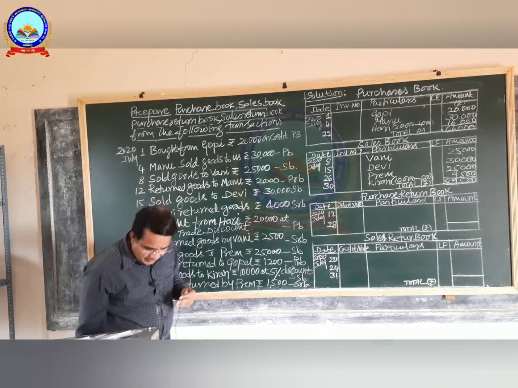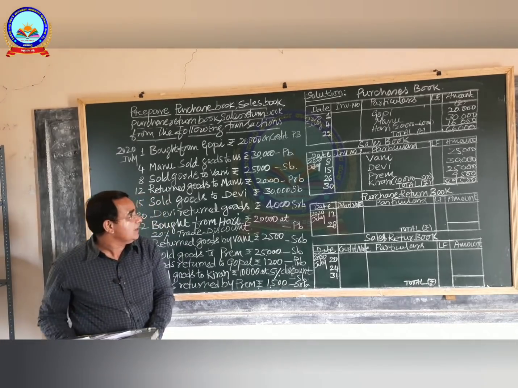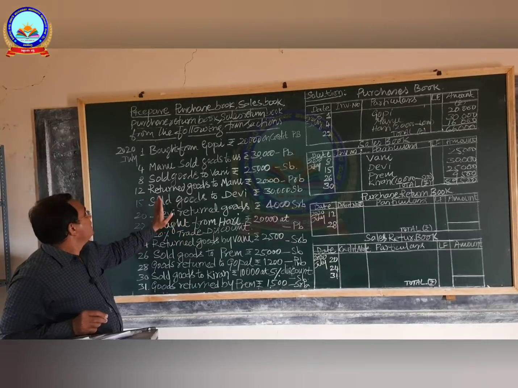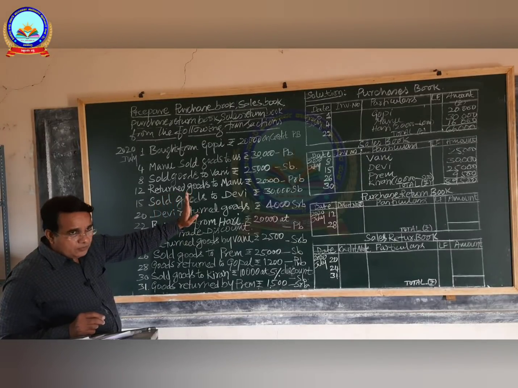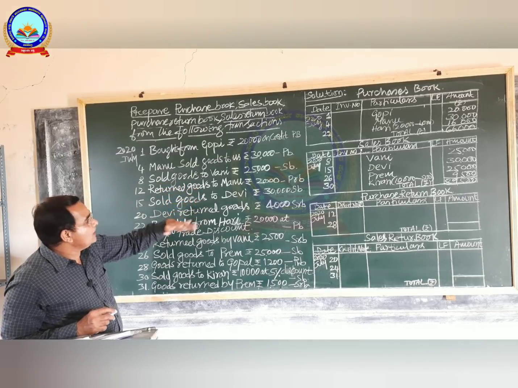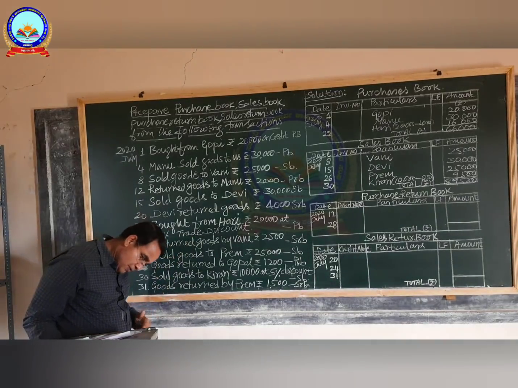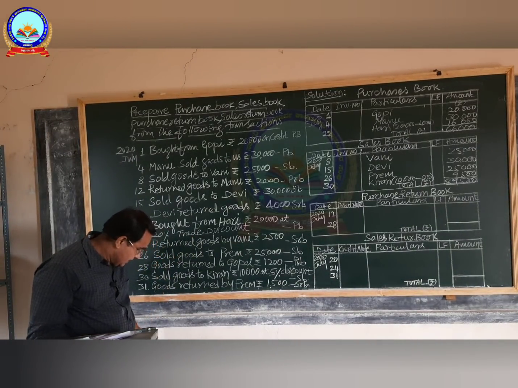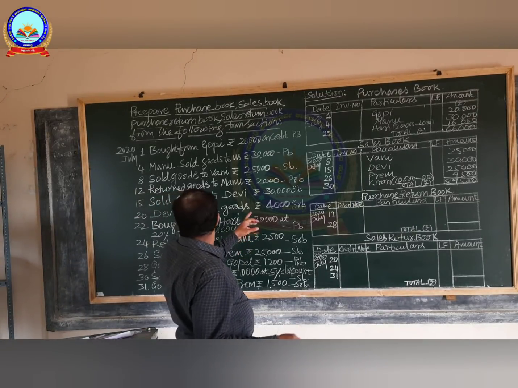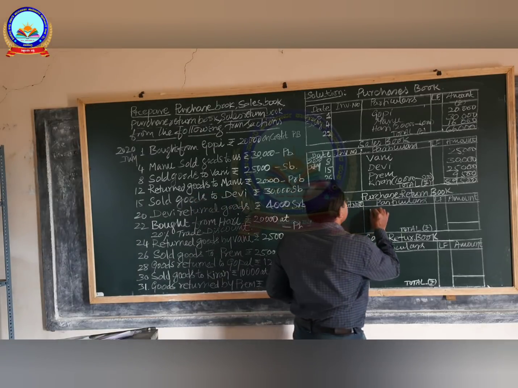Next, we have to prepare the purchases return book. On July 12th, we returned goods to Manu. Before that, we had purchased goods from Manu. On 12th, we returned some goods to Manu. That should be entered in the purchases return book, rupees 2,000.